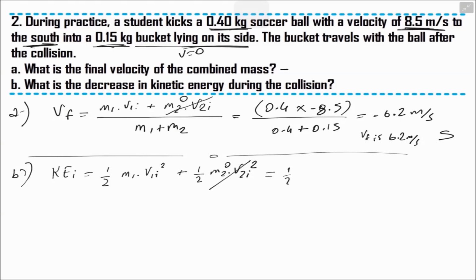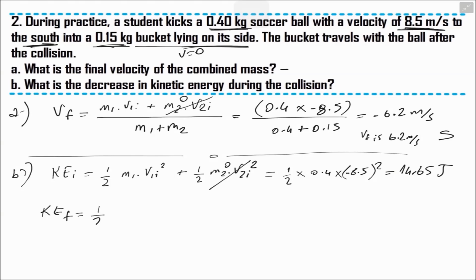It will be half times m1, 0.4, times v1 initial, negative 8.5, squared. So the result of this will be 14.65 joules.